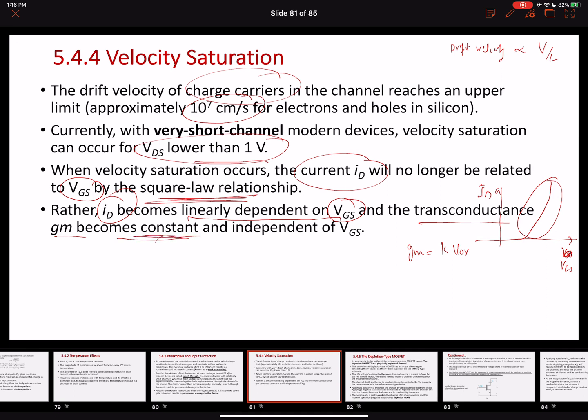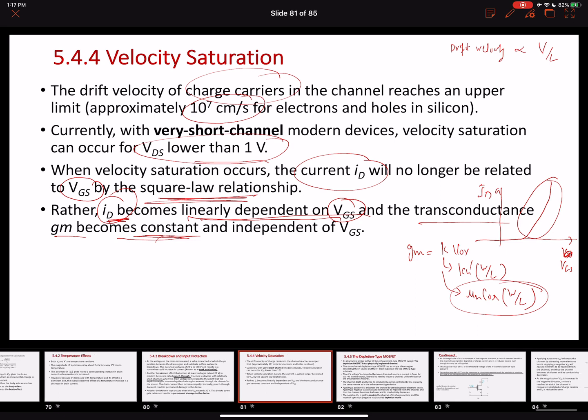So your K value, which was Kn dash W over L, or mu and Cox W over L, right? All of these parameters will become constant. And so what will happen is that ID, the drain current, will become linearly dependent on VGS, and the square law relationship will not hold beyond a certain voltage at which the velocity saturation occurs.